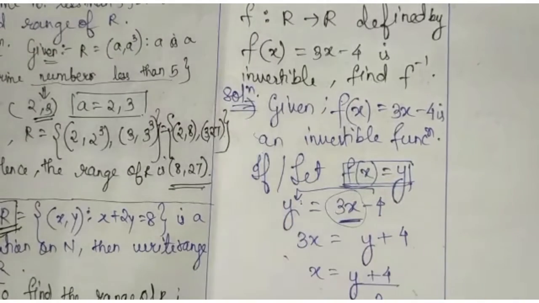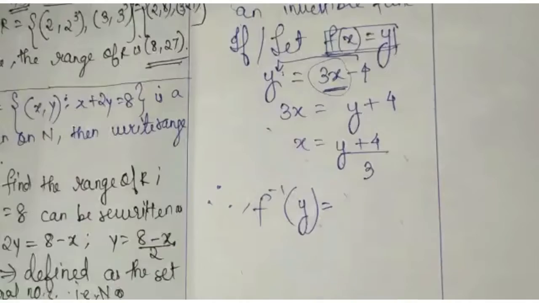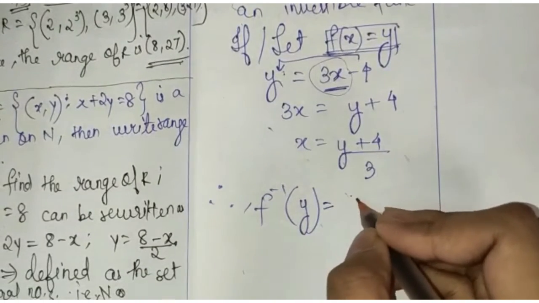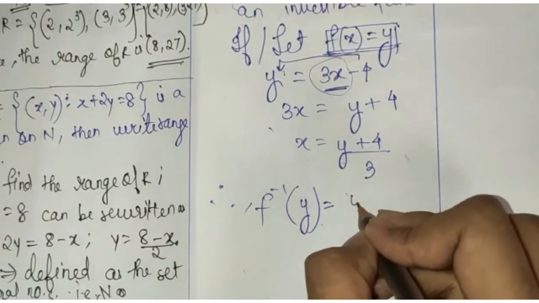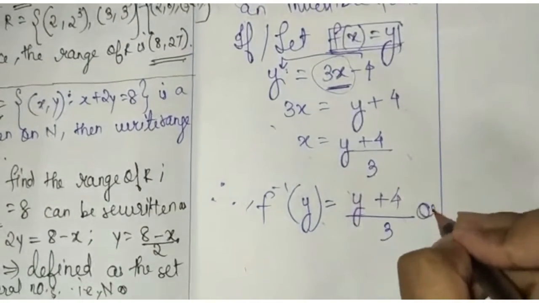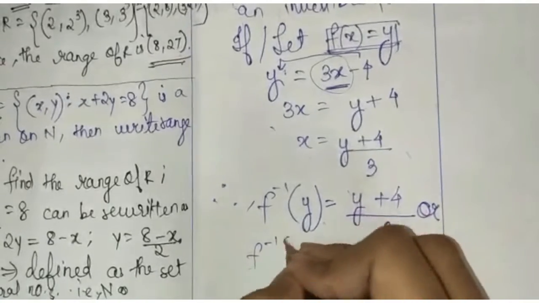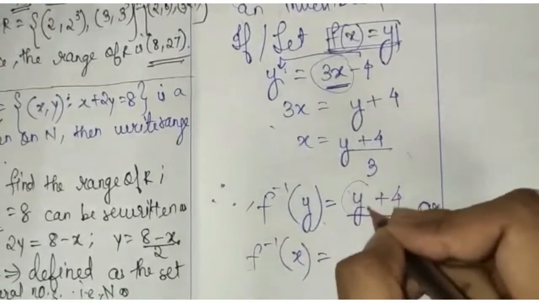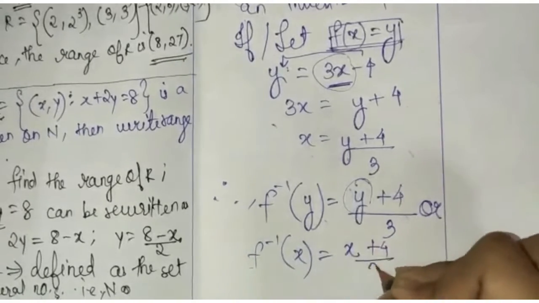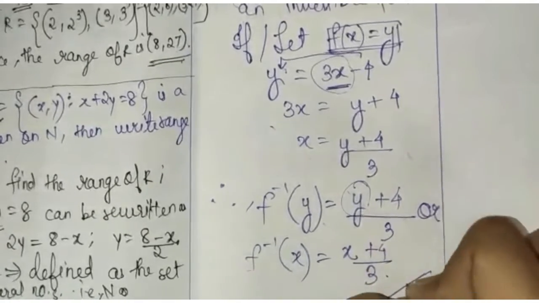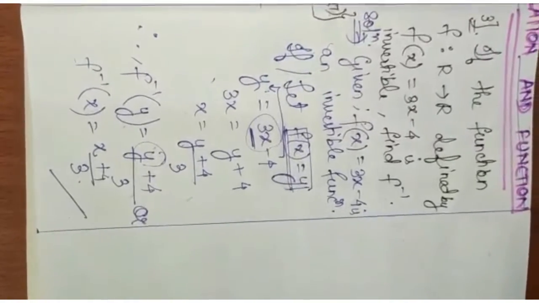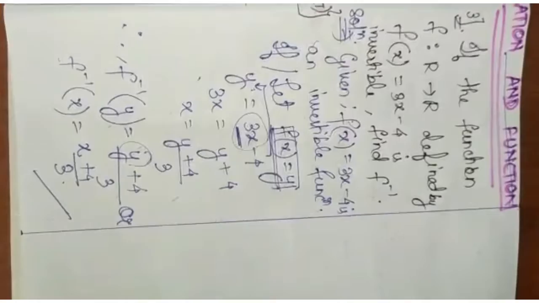So hence, therefore your f inverse of y would be y plus 4 upon 3, or f inverse of x, in place of y you can put x plus 4 upon 3. Hence this is your required answer. So this is your required solution for the third question.